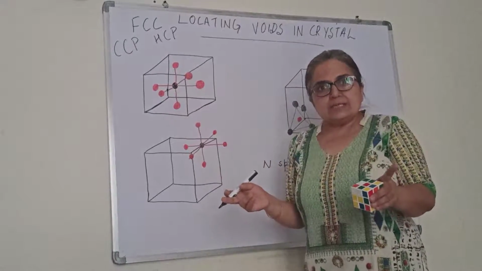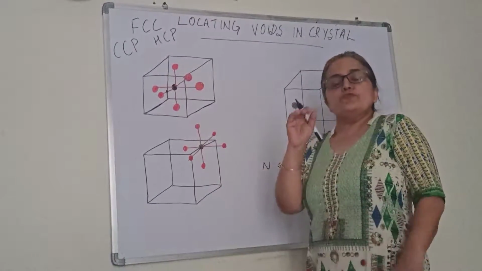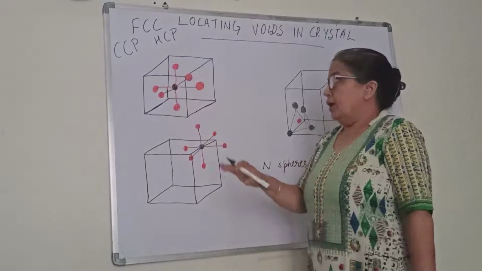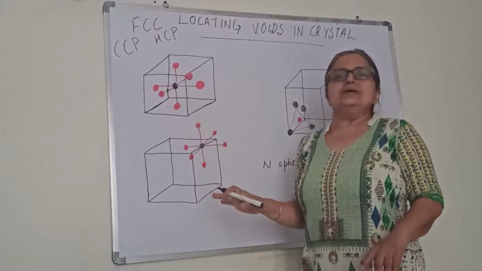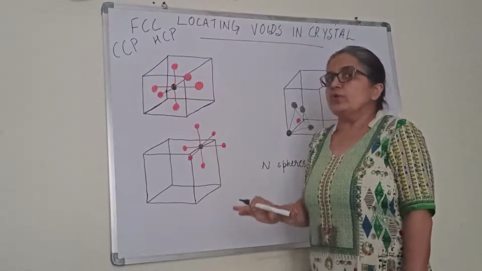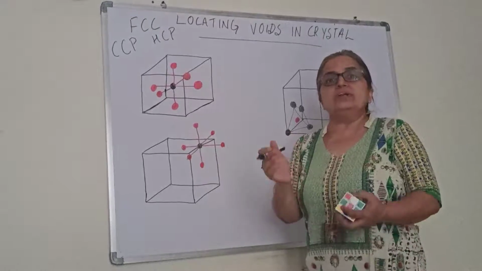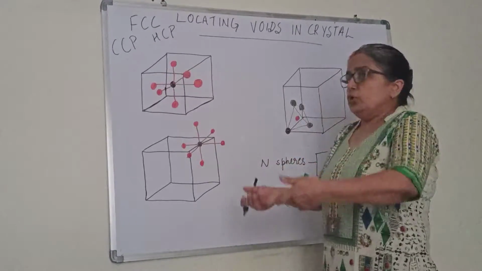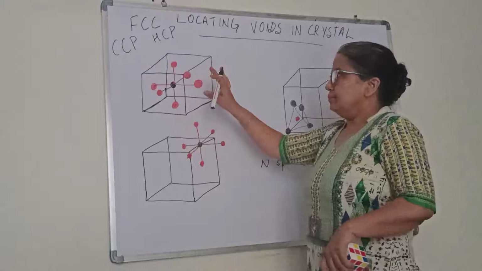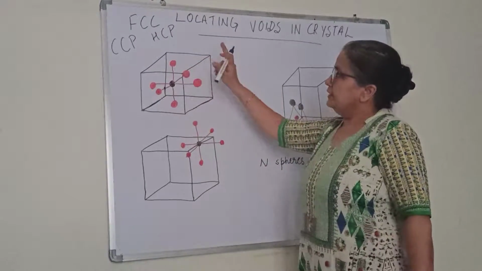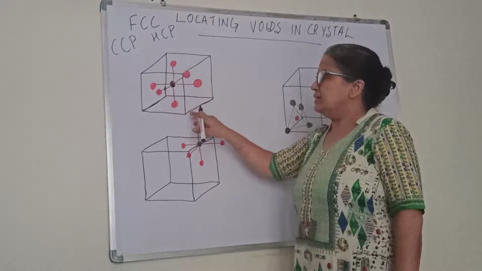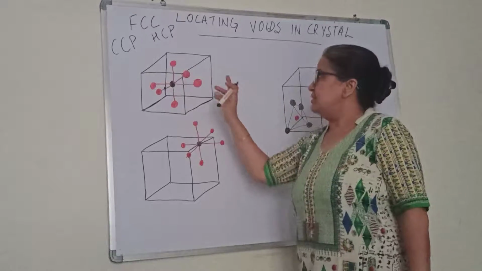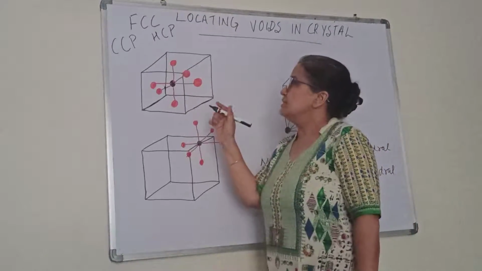All corners and the center of each face are occupied. I have not drawn the corners here. I am just showing faces because I want to tell you how to locate the void in it. So don't mistake that. We know that all corners are there, and constituent particles are present in all faces. I have shown it in these faces.